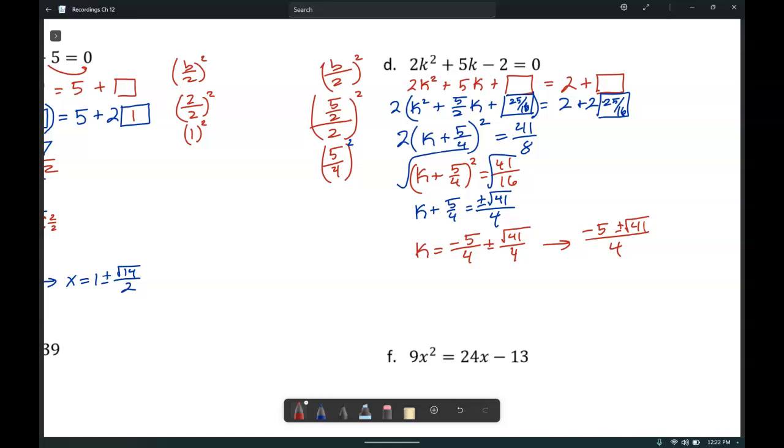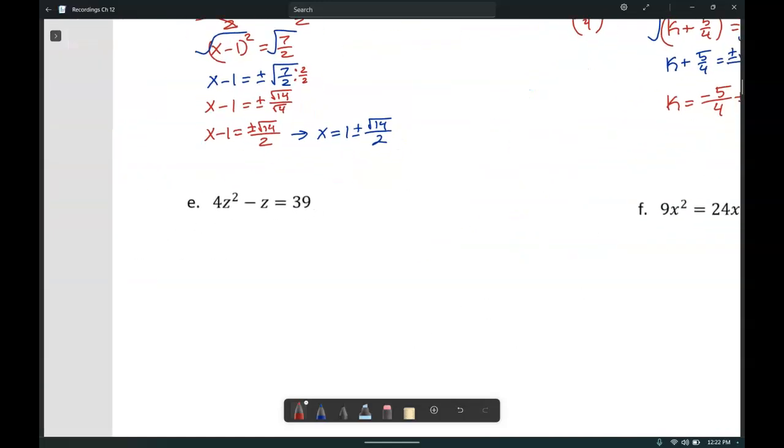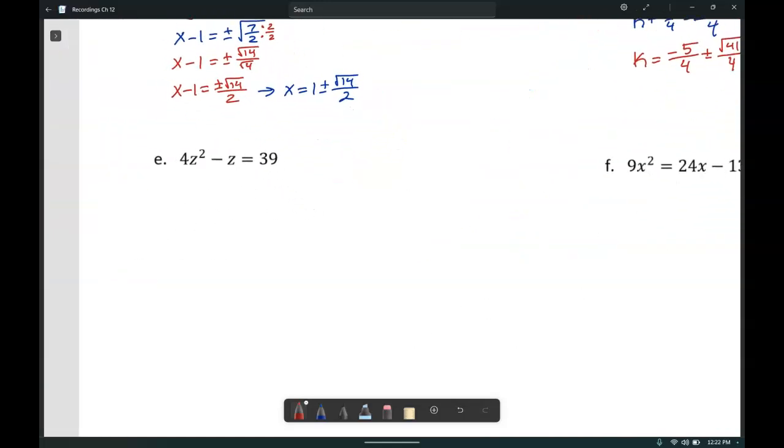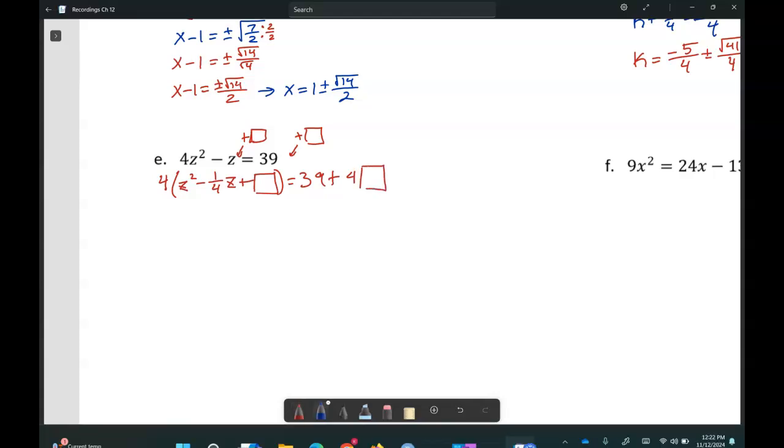Let's keep it going. This one, the first step's done for us. The constant's already been moved over. We just need to put in our boxes here and here. And we can go ahead and factor out our leading coefficient. So when we factor out a 4, we end up with z squared minus 1/4 z plus our box equals 39 plus 4 times the box.